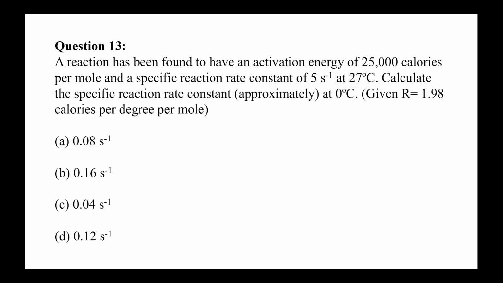So the value of R, that is the gas constant, is given. The activation energy EA is given as 25,000 calories per mole. The specific rate constant is given at 27 degrees Celsius. You have to calculate the rate constant at 0 degrees Celsius.